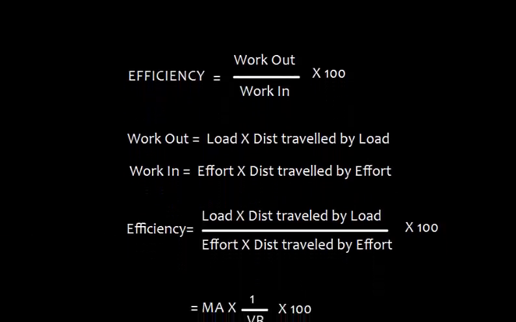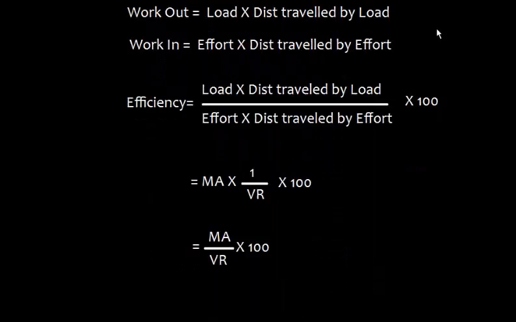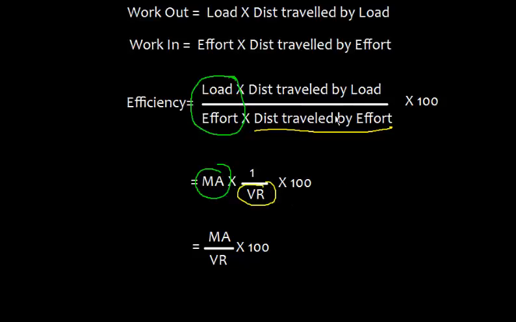Okay, now let's put it this way, that load by effort is the mechanical advantage, and distance traveled by effort divided by distance traveled by load is velocity ratio. So this load by effort is 1 by VR.